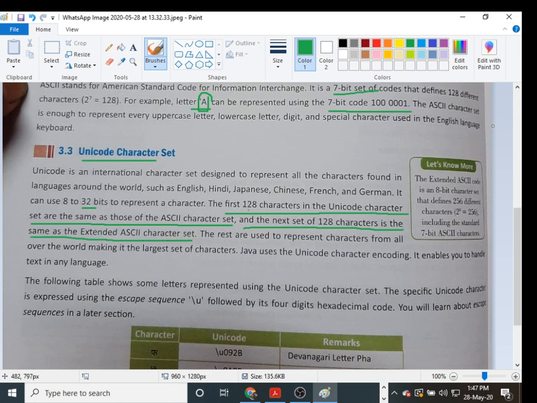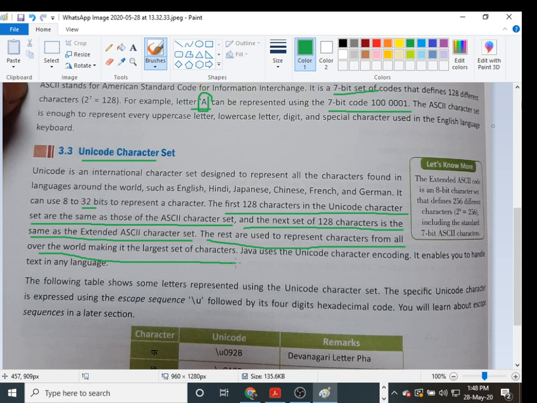So the first 128 characters of Unicode are based on ASCII 7, and the next 128 characters are based on ASCII 8, the extended ASCII character set. The rest are used to represent characters from all over the world in different languages, making it the largest set of characters.